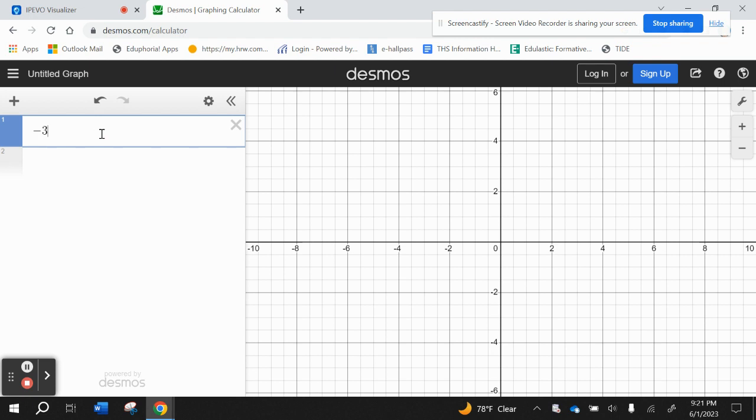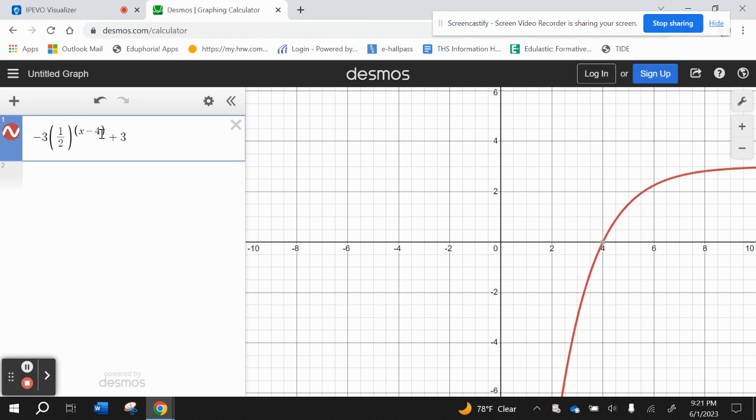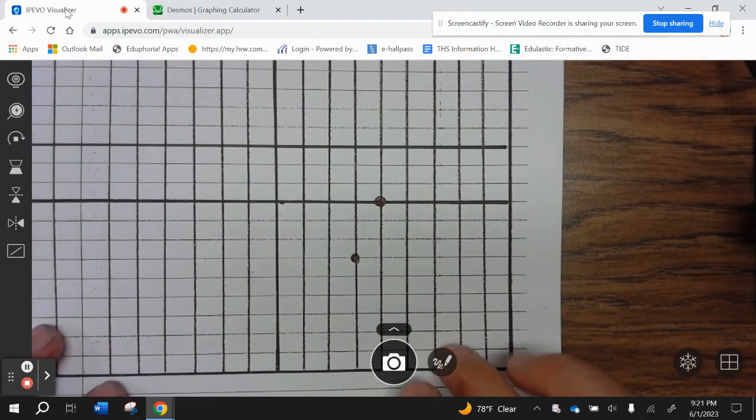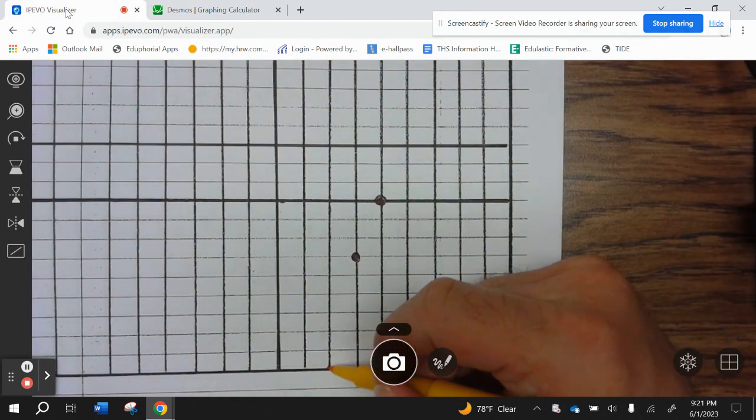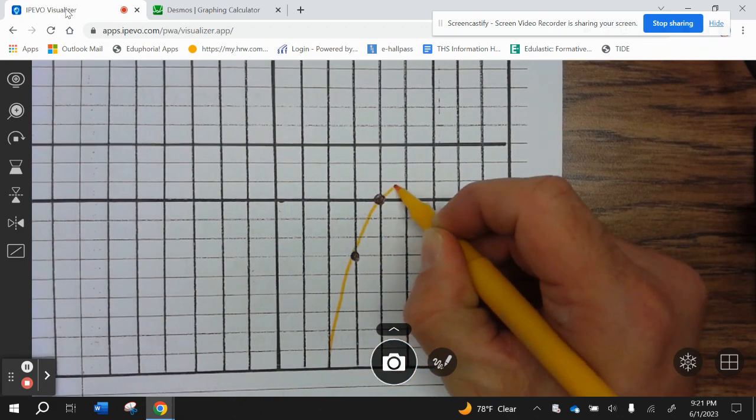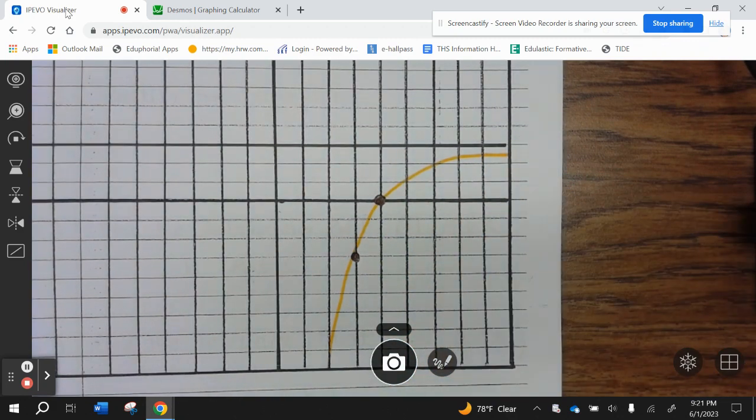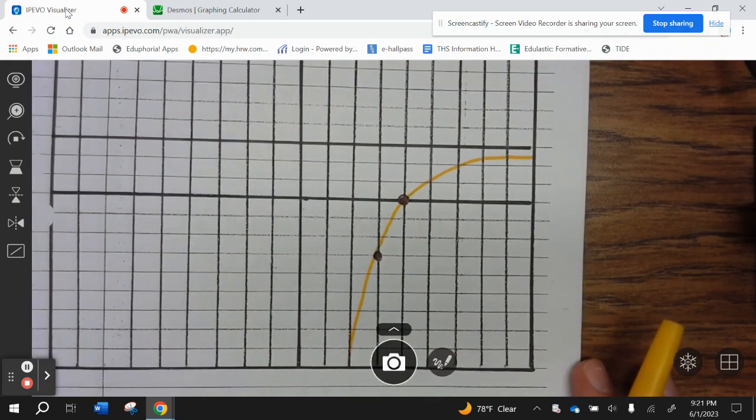So -3, parentheses, 1 divided by 2 to the x minus 4. Oh, you have to use parentheses, x minus 4, plus 3. Okay, so that kind of verifies our points here. You can see that it's coming from here, and it's going up, and it's going along here. All right.